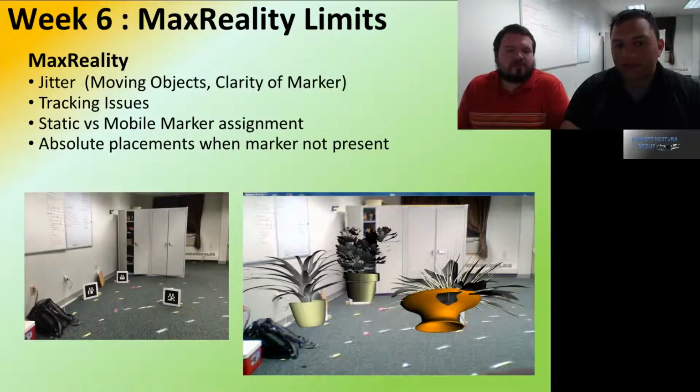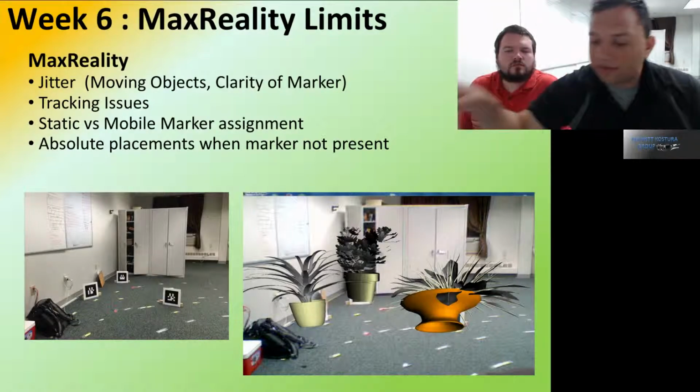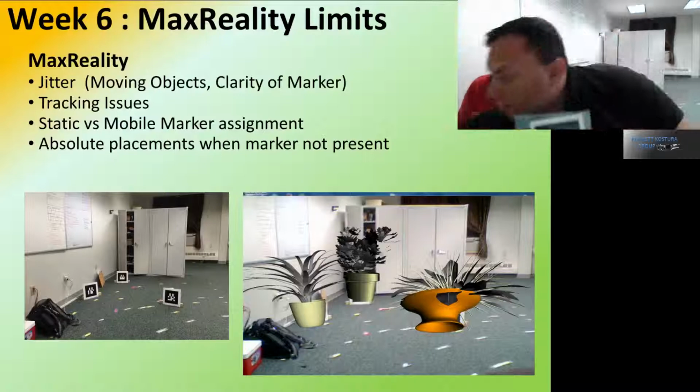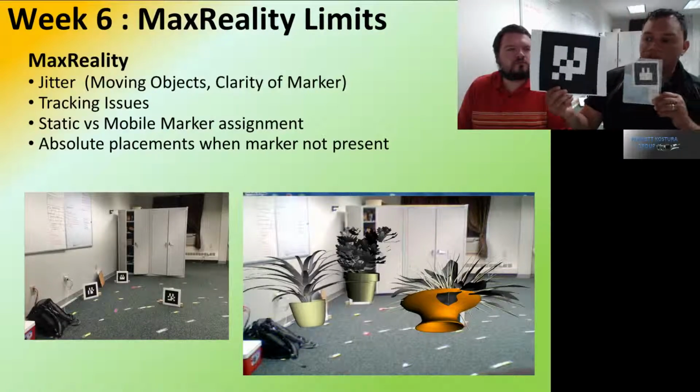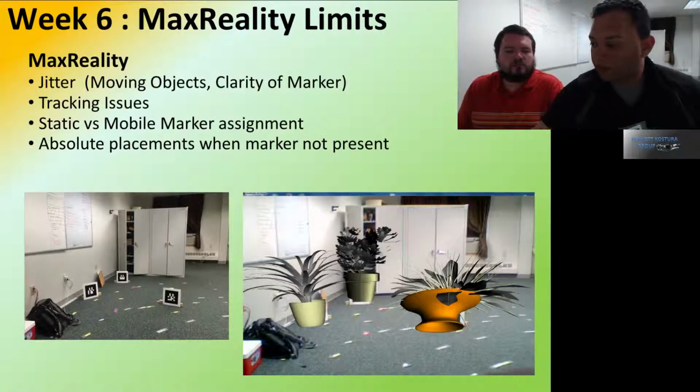And then, so one, moving objects, you don't notice the jitter as much. And then 2, clarity of the marker. So while the markers were blown up in size, they were no longer this handheld size. They were made to be this much bigger so that they'd be more clear further back.